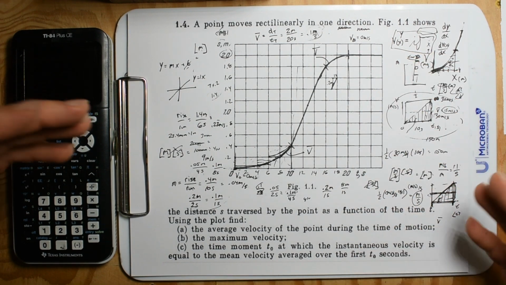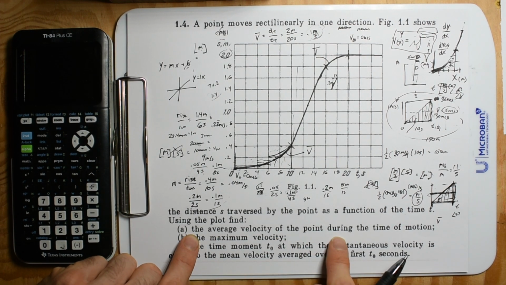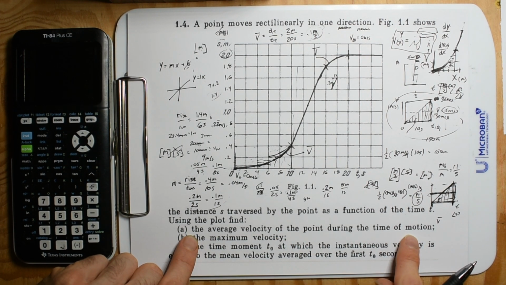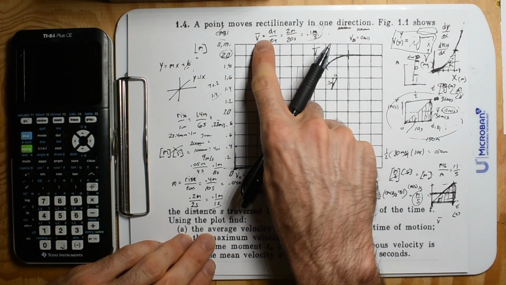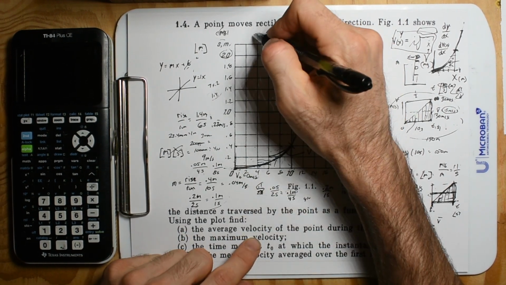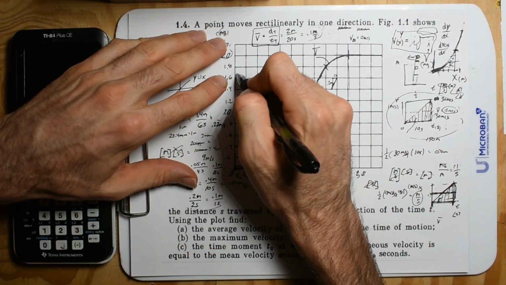All right, so let's start to answer some of the problems. The average velocity of the point during the time of motion. So use the plot to find the average velocity. Didn't we just do that? This is a really important equation. And I used the grocery store analogy in the other video.